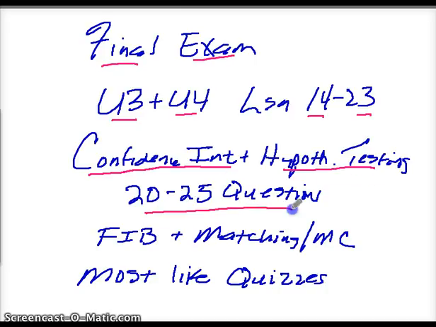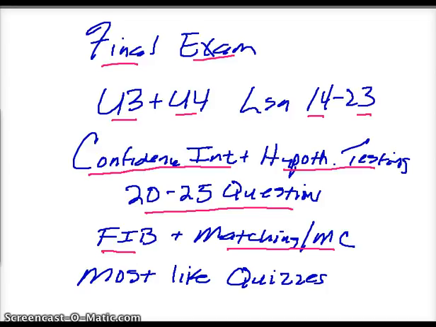20 to 25 questions. Okay, so that's not a lot of questions, and you have 2 hours to take it. So think about that. The answers are fill in the blank type, matching, and multiple choice. Now, when I say fill in the blank, I mean you have to figure out the number, like the quiz.